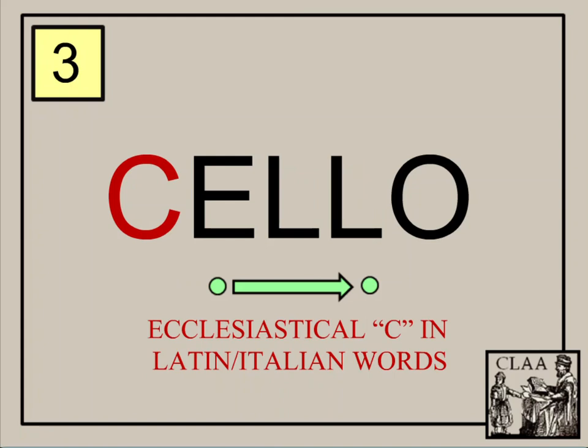The third sound we use to read the letter C in English is the ecclesiastical sound Ch, Ch, Ch. Usually, we use this sound when we're reading English words that come from Latin or Italian. This is the ecclesiastical Ch.